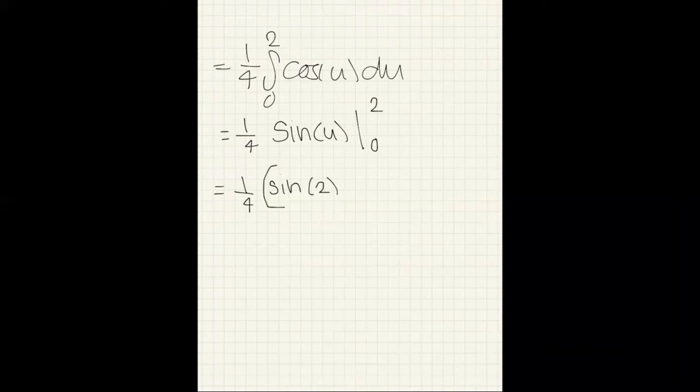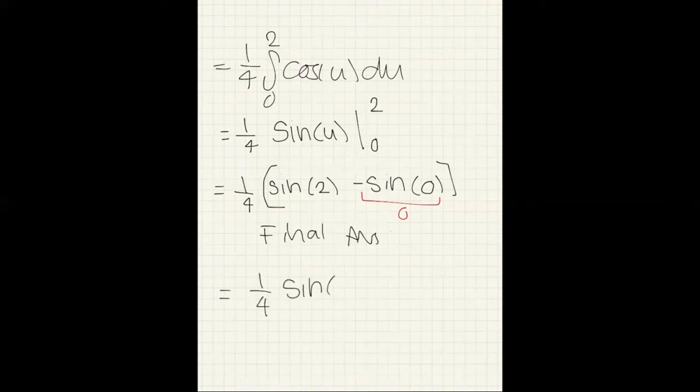I'm going to subtract sine of 0, when my u equals 0, and that gives me a 0. And so my final answer is going to be 1/4 sine of 2. All right. Okay.